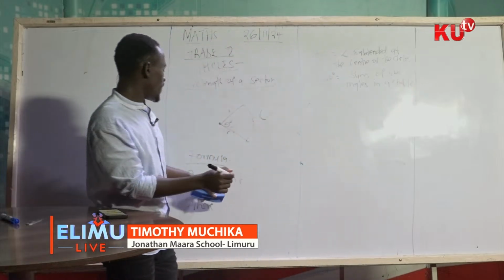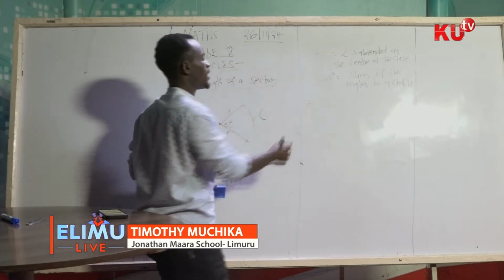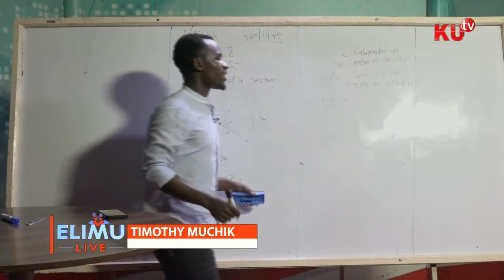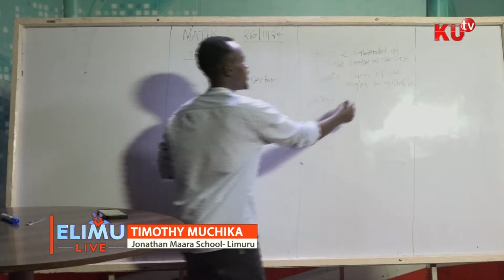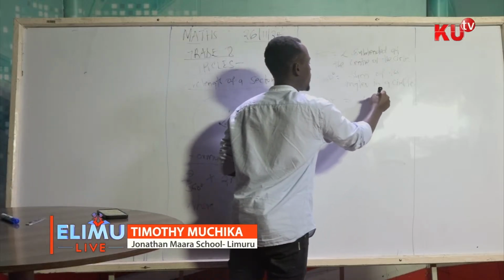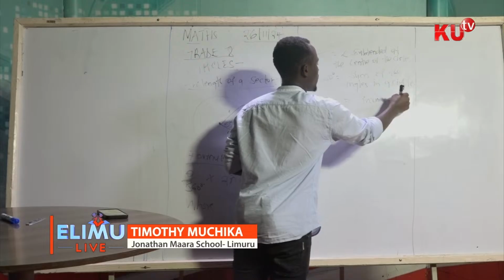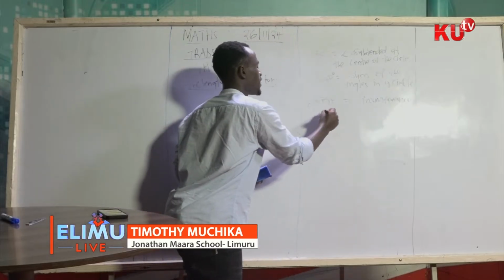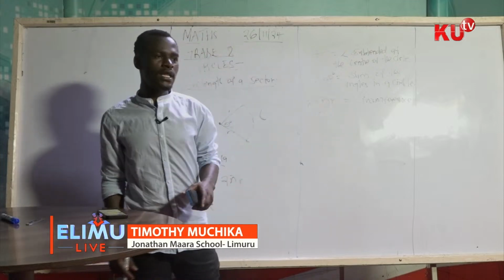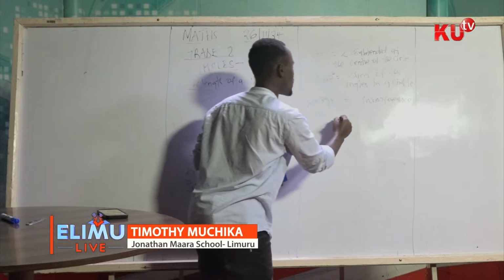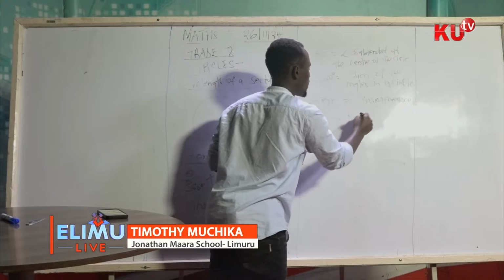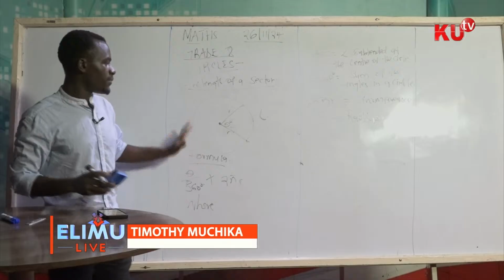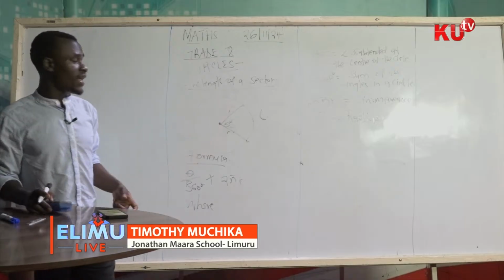We also have 2 pi r, which is the circumference of the whole circle, and r stands for the radius. So that is basically how you calculate the arc length.